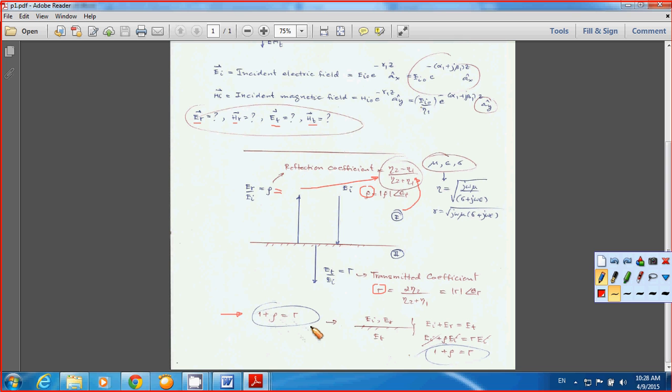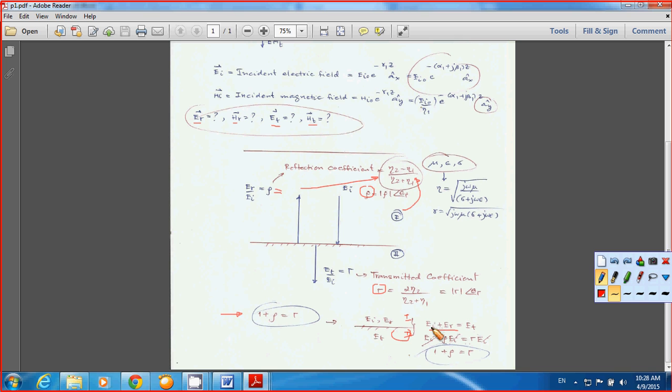rho. The way I prove this one here, look at the boundary. You have media number 1 and you have media number 2. At media number 1, you know that you have EI and ER. And you start from EI plus ER equal to ET.